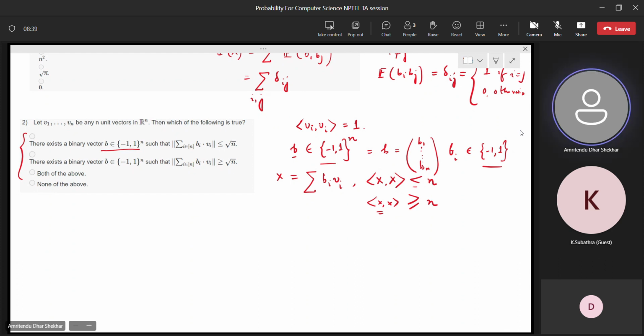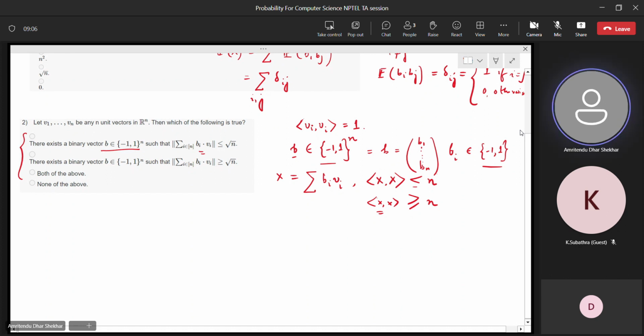Okay, so the way you would have to answer this question is using the probabilistic method. So the question is, can I find a B for which either this is true or this is true, right?